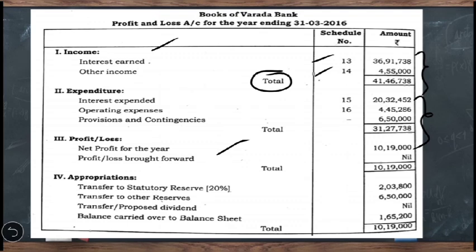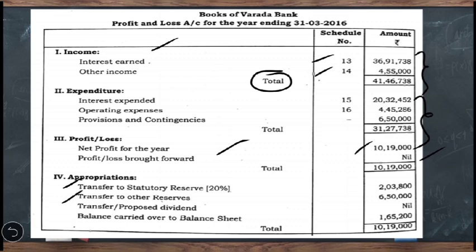In this case, they did not give us the profit for the last year, which is brought forward, so it can be nil. So the total amount available for appropriation is 10,19,000 itself. Okay. In the next line, we will be showing the appropriations. Under that, first appropriation is transfer to statutory reserve, that is 20% of current year's profit, 10,19,000 should be transferred, which amounts to 2,03,800.